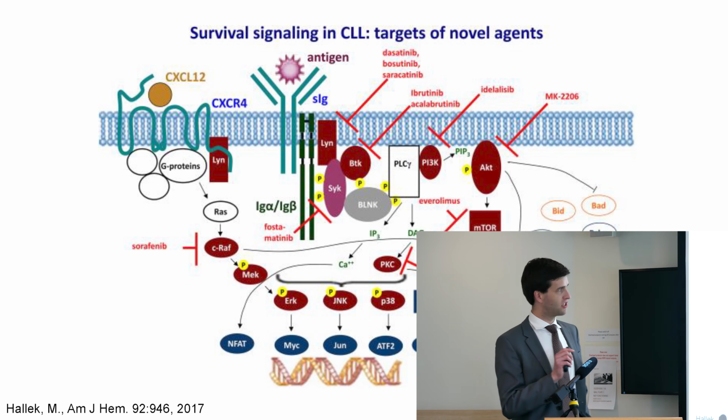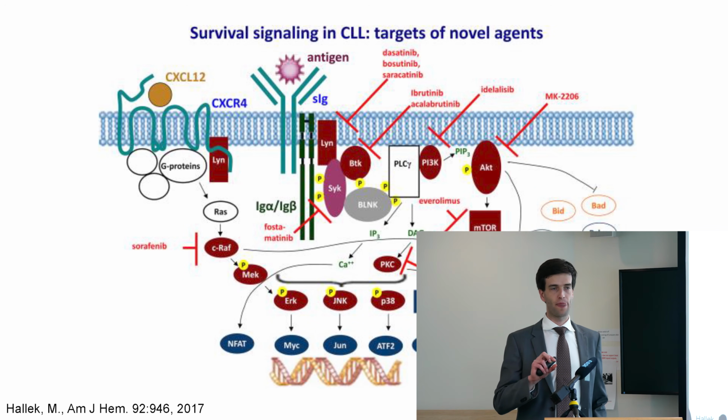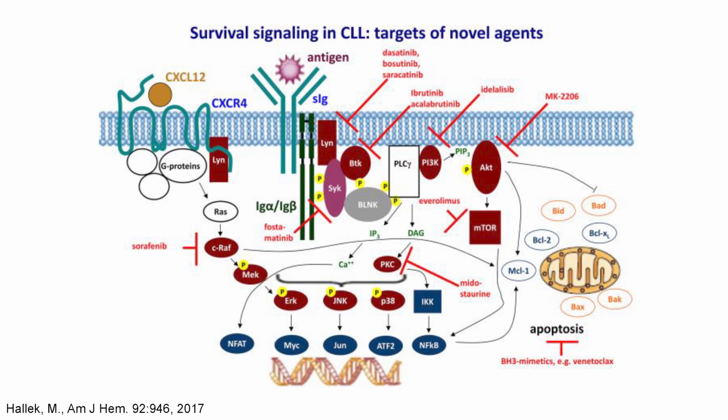So there are two critical processes that make CLL cells grow and survive. One of them is what we call B-cell receptor signaling. Remember I showed you the CLL cell with the antibody-looking thing on the surface, this thing here? This is the B-cell receptor. What that does is it looks for foreign proteins, which are called antigens.